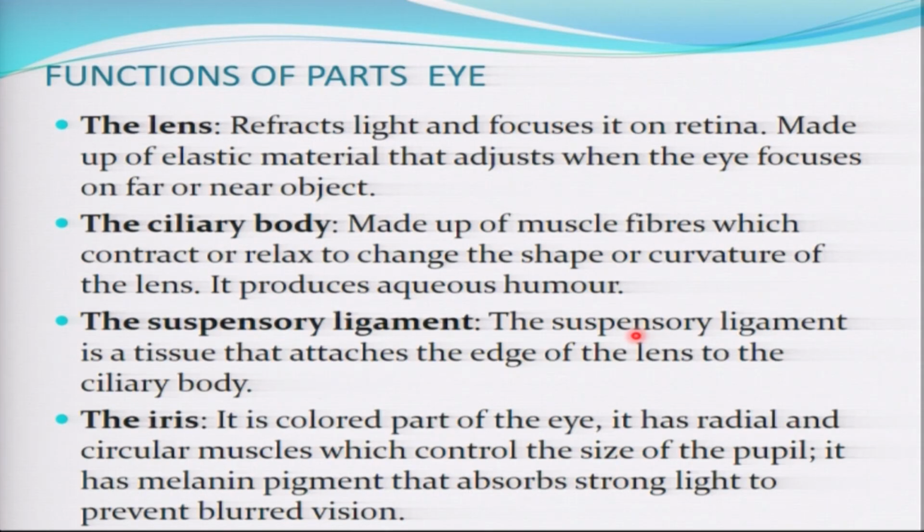Then we have what you call the ciliary body. It is made of muscles which contract and relax to change the shape and curvature of the lens. To see a near object and a distant object, we need the change of the shape of the lens.